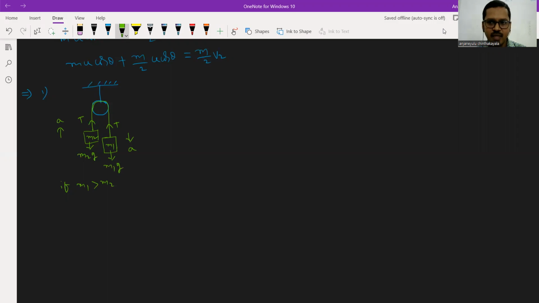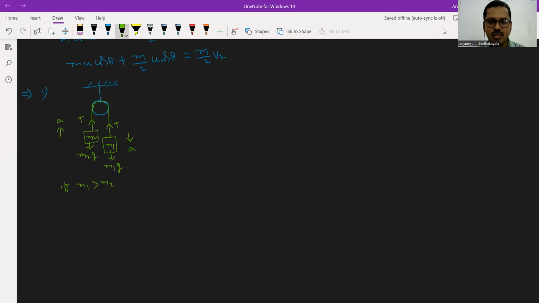For this, I am calculating the resultant force on the first and second blocks. On the first block, two forces act: tension T and M1G. M1G I am taking as positive and T as negative, because the M1 block moves in the downward direction along with the system.